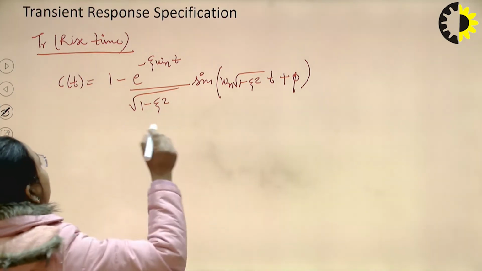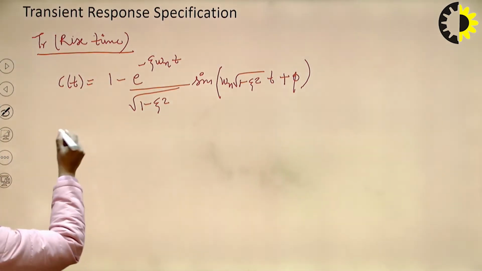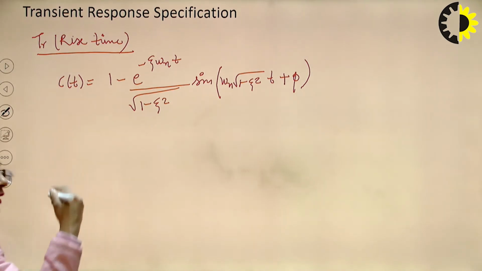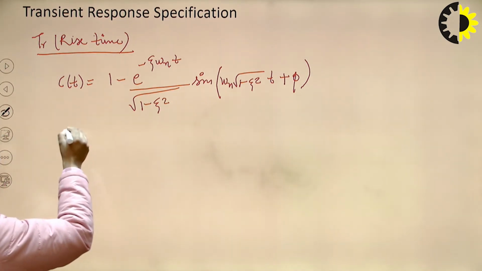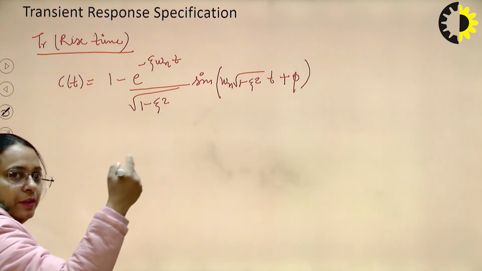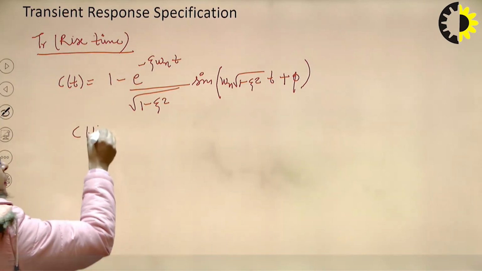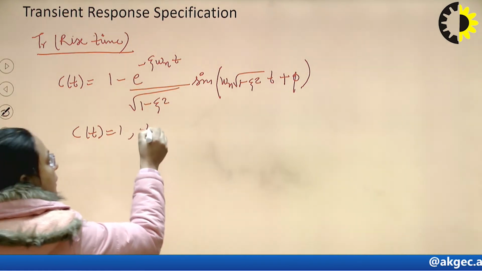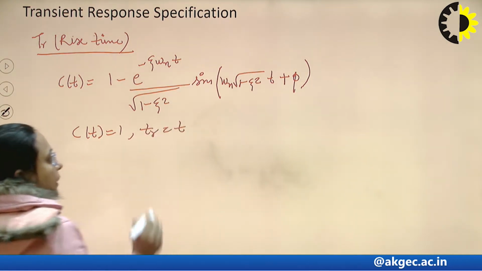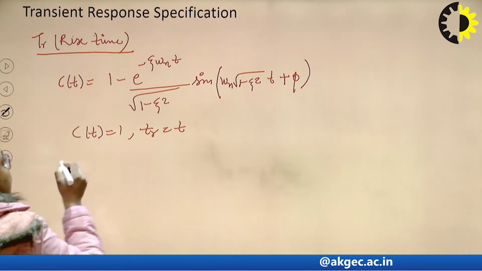Now TR is obtained at the very first instant when the output reaches about 100%. That means C(t) will be 1, and t will be TR. Put this value in the above equation.